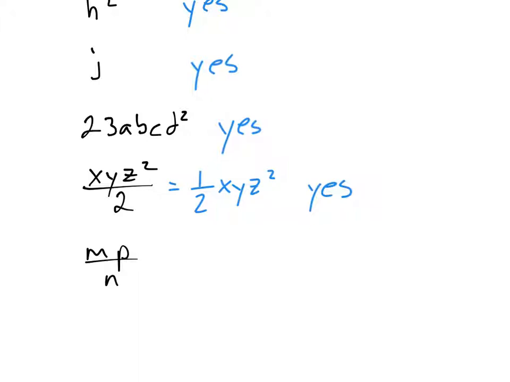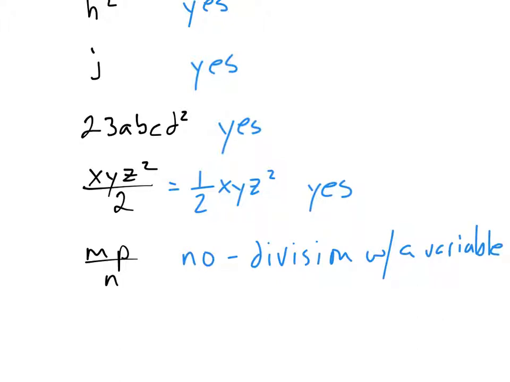And nowhere in my definition did it talk about division by a variable. It talks about multiplication. And so the answer to this one is no, and the reason is division with a variable. So you are not allowed to divide by a variable and still be called a monomial. Does that make sense? All right.